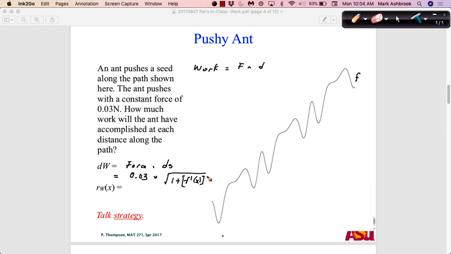Is that it? dx, right? So ds includes dx. This is the rate of change of our arc length. But if we want ds, then the little variation in arc length is the rate times the little variation in x.